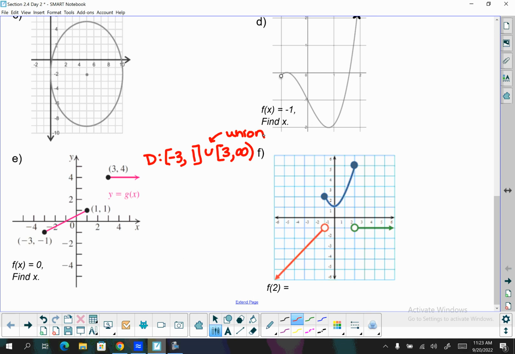All right, low to high now, my range. What's the lowest this graph goes? -1 on that first segment, and then it goes up to +1, and then it jumps, U. It jumps to what y value? 4. Does it go higher or lower than 4? It does not.